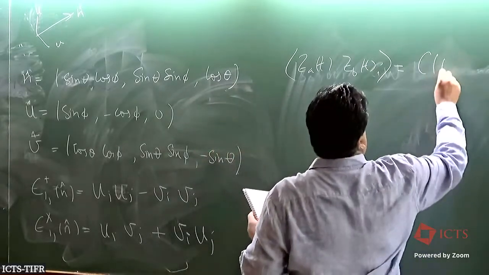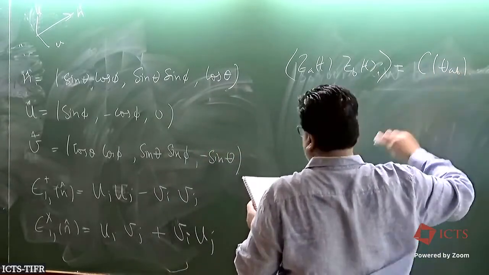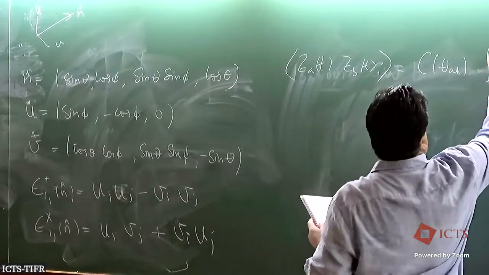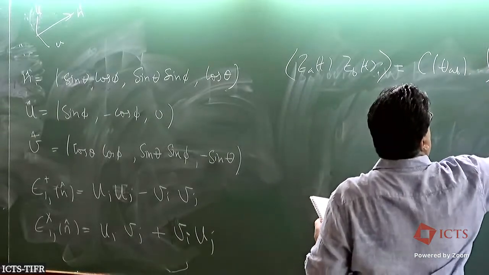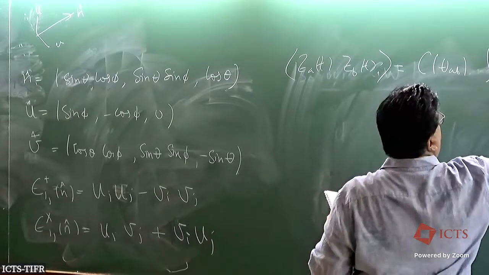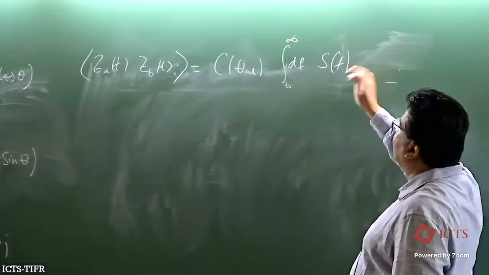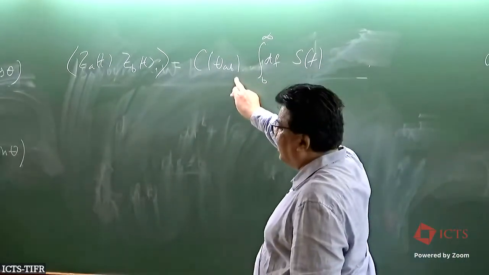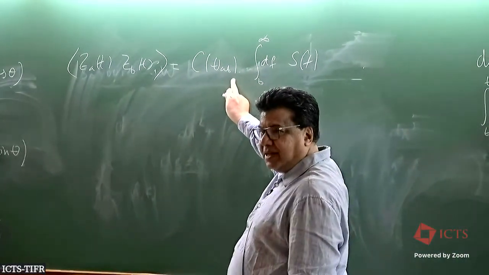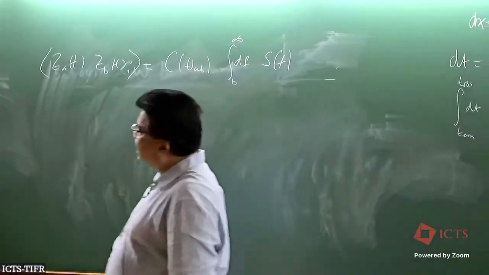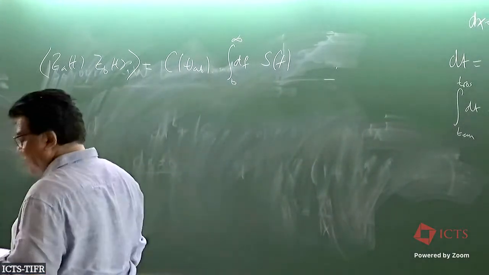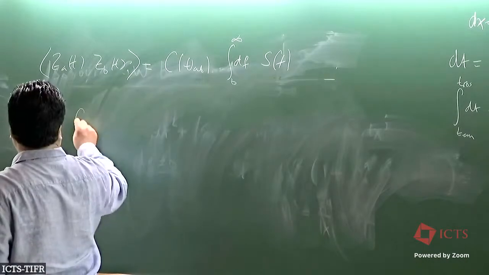Some C theta AB, which I just wrote. So this is the spectra, the frequency dependent part, and there is the angular dependent part, which I separate. And this angular dependent part is just that thing which I just defined.